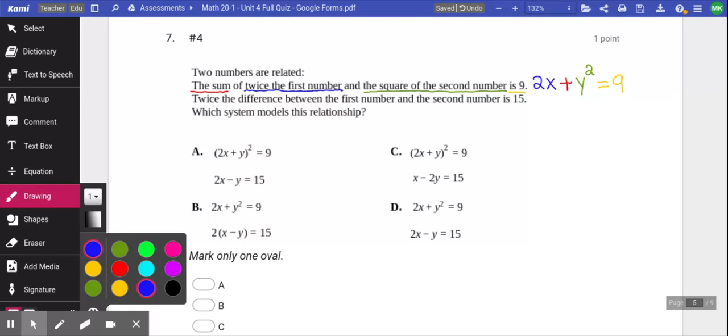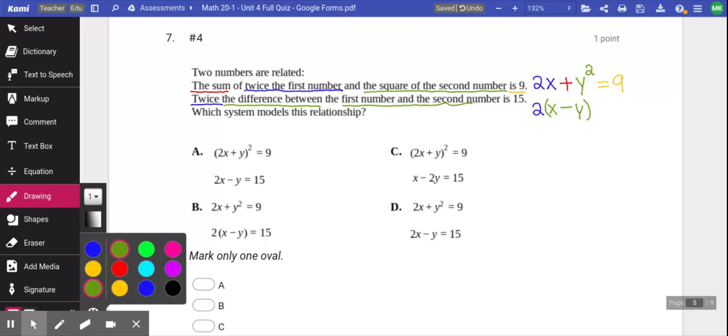Reading the second equation, it says twice the difference between the first number and the second number is 15. So twice is 2 times. The difference between the first number and the second number, x and y.